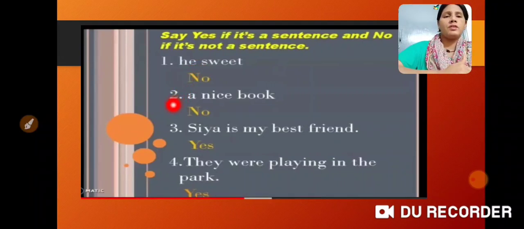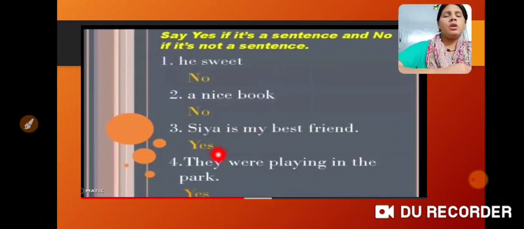Now come to second example, a nice book. Again, these group of words do not make a complete sense, so they are not a sentence. So we will write down no. Then come to third example, Sia is my best friend. These group of words make a complete sense, so they are sentences.